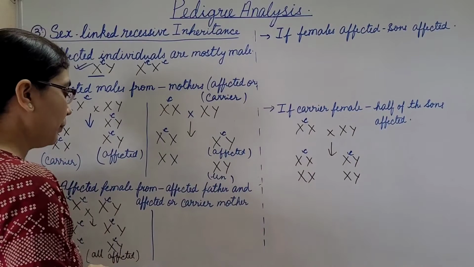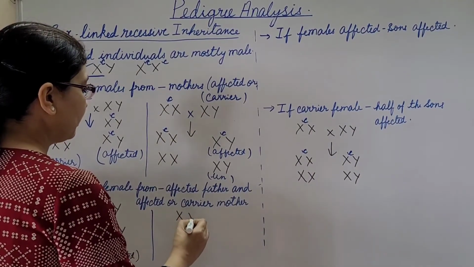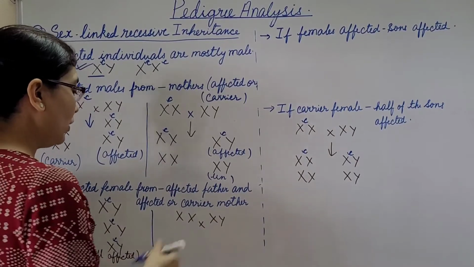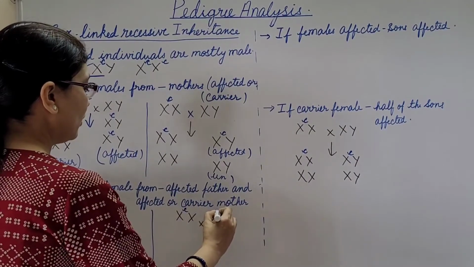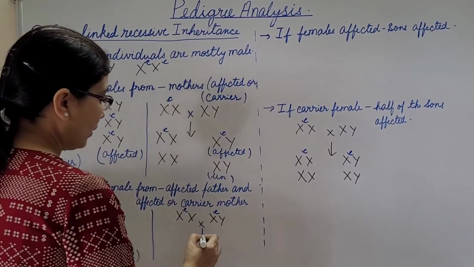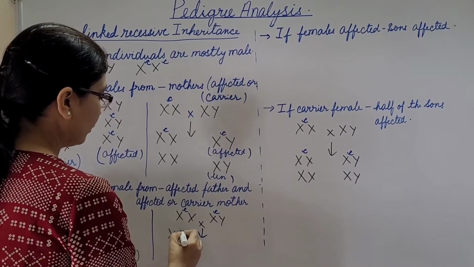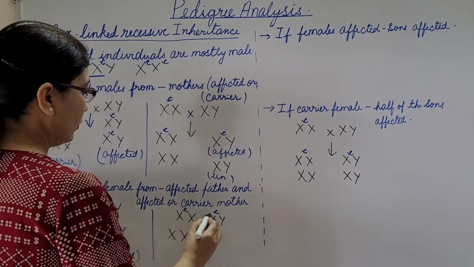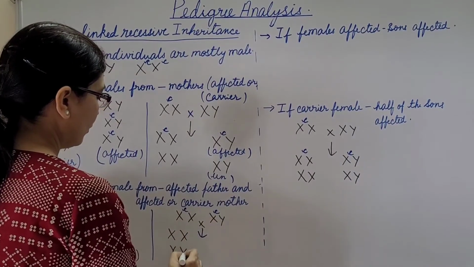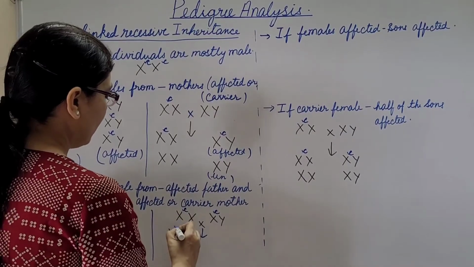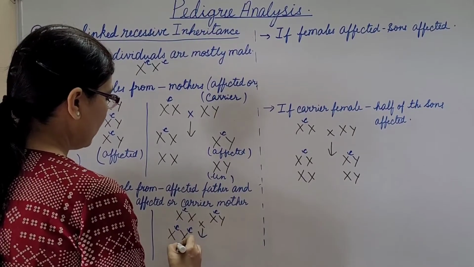If mother is carrier, that means it has the recessive allele only on 1 X chromosome, and father is affected. In that case, one of the females is affected and one is a carrier.